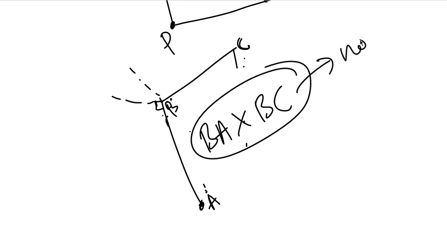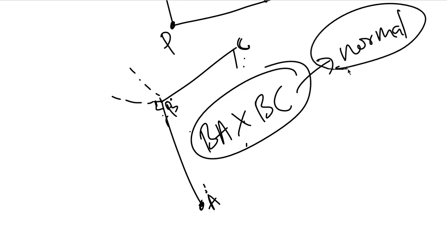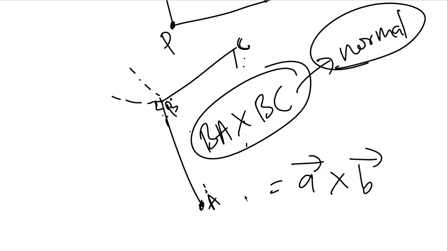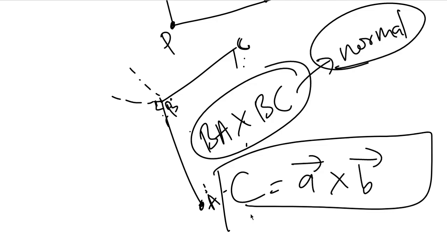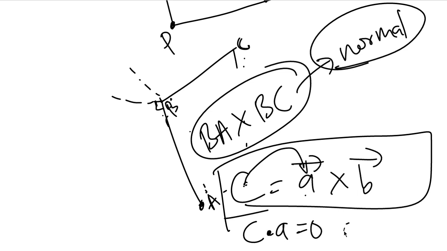So if you take BC and BA and get the cross product, BA cross BC, we are going to get the normal vector. Because if you watched part 2, I said that if you get the cross product of 2 vectors, let's say A and B, the output of that crossing, let's call it C, is going to be perpendicular to A, implying that C dot A is equal to 0 and C dot B is also equal to 0.